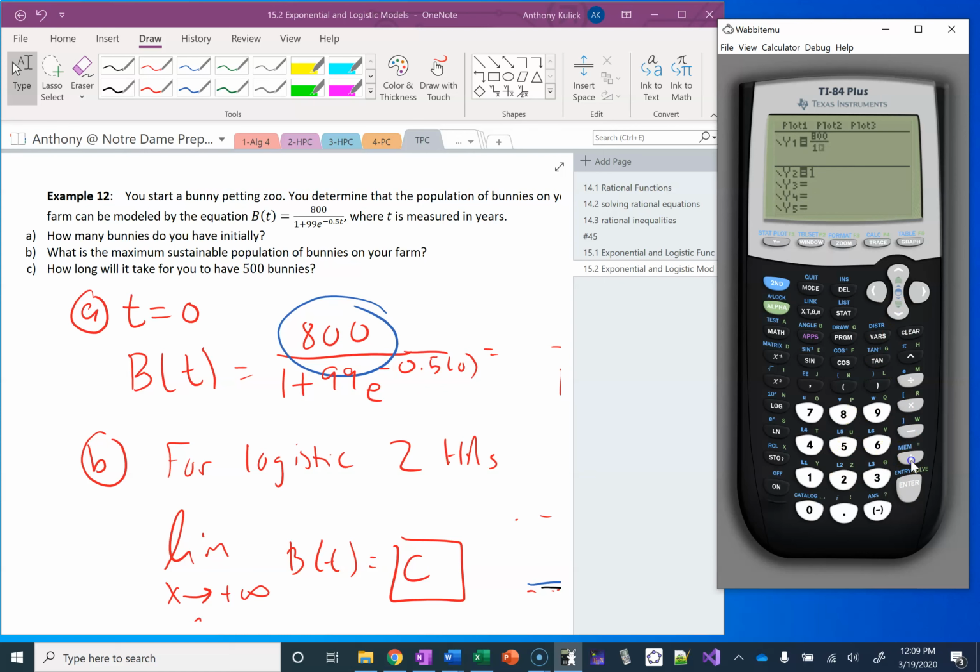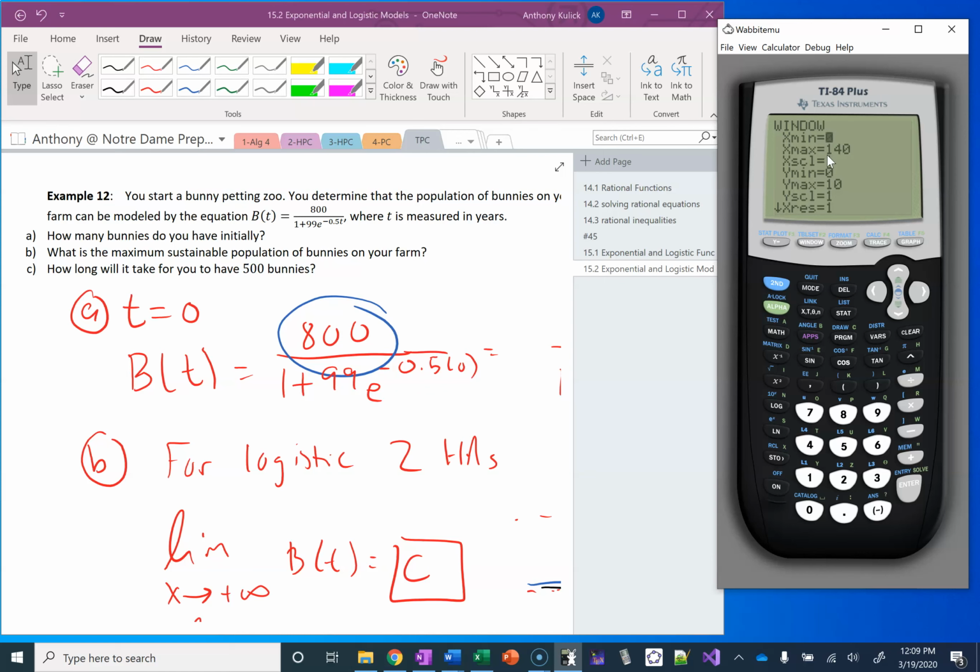So 800 over 1 plus 99 times e to the negative 0.5 t, and again I'm using x instead of t, and then my second equation is just 500. So reset our window.